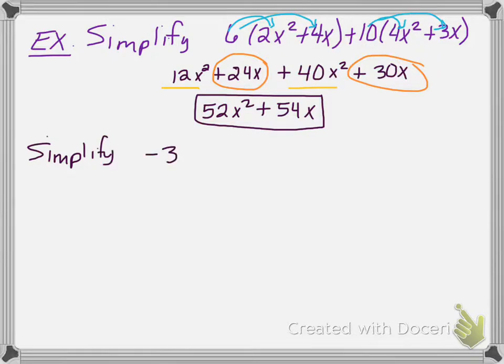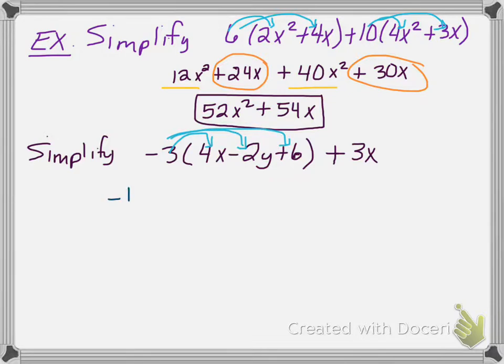So let's try this next one, only because we have a negative number. Anytime you have a negative number outside, you still distribute, but you need to remember your rules. Negative 3 times the 4x becomes a negative 12x. A negative 3 times a negative 2y, because it's 2 negatives, now becomes a positive 6y.